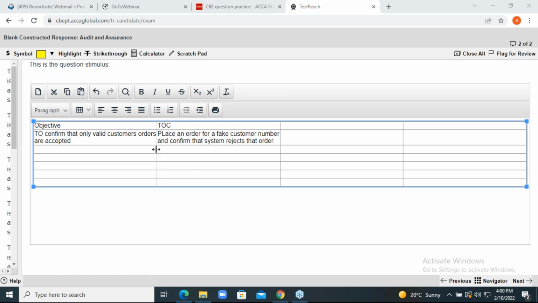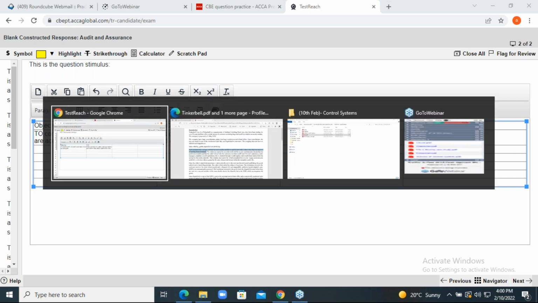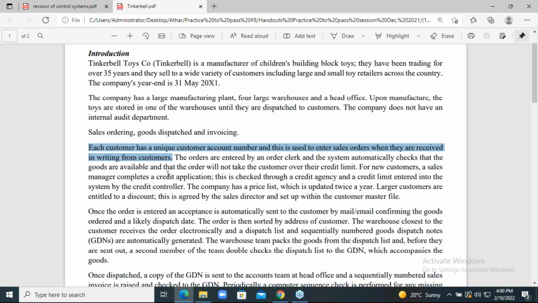Now this is how you can easily write the test of control. The test of control in this case will be exactly opposite to what the control system in the organization is doing, that is prevailing in the organization.